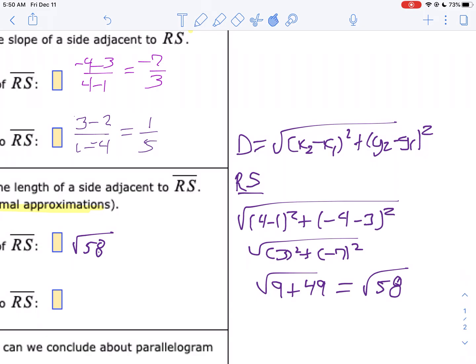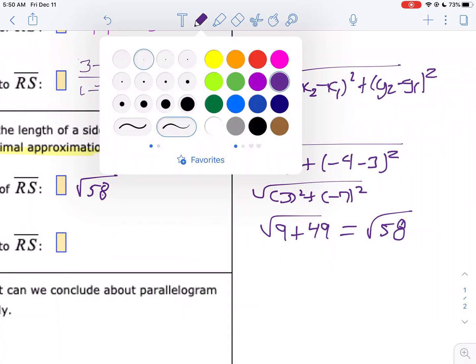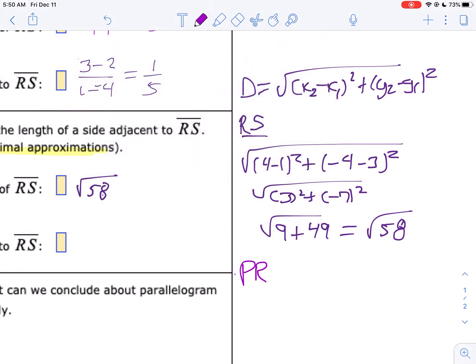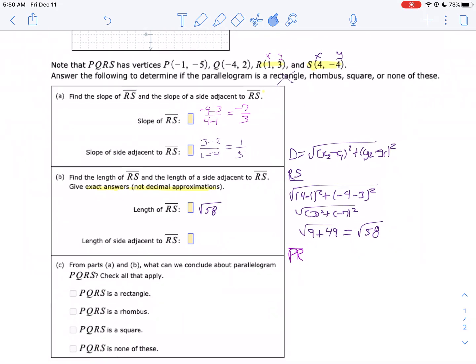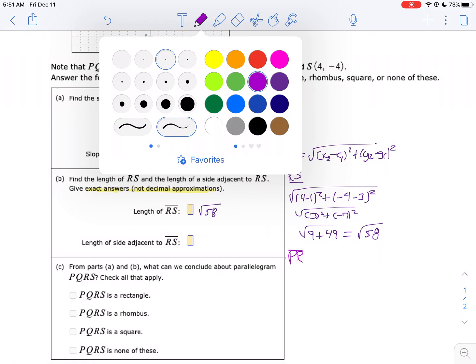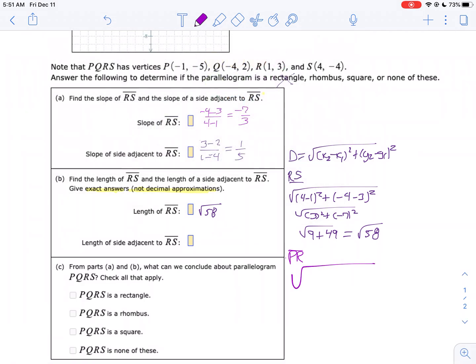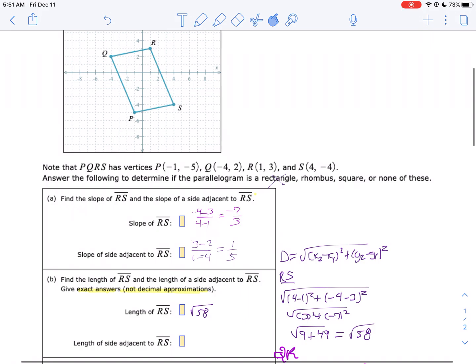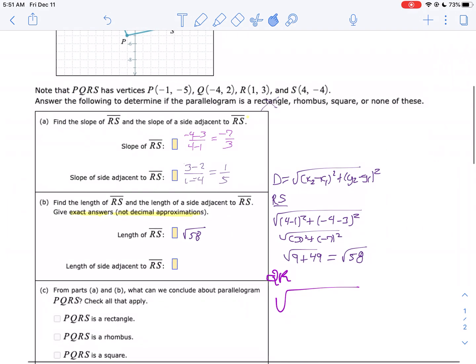Now we'll do the same thing, only this time we'll do Q to R, I'm sorry, I want Q to R. So we're going to subtract your x's.